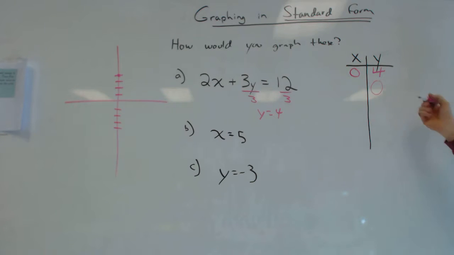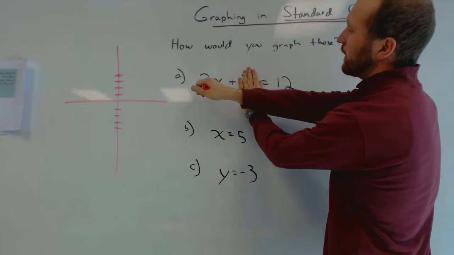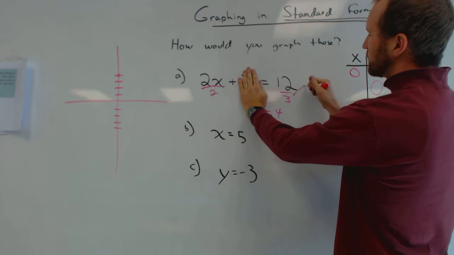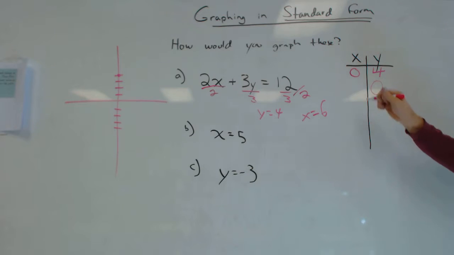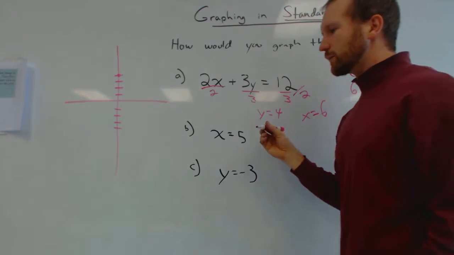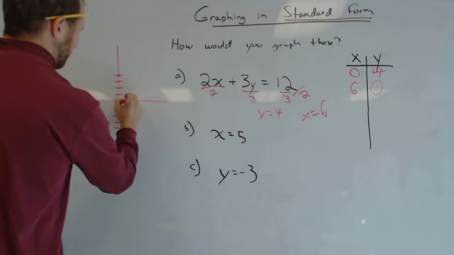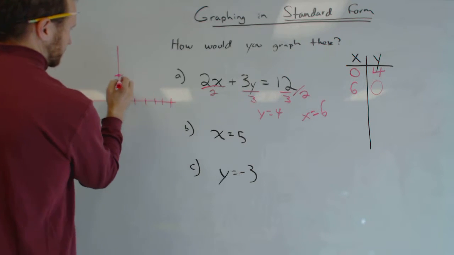If y is 0, boom, 2x equals 12. We divide both sides by 2, and x would equal 6. So when y is 0, x is 6. What point is that? You actually haven't learned the name, but it's the x-intercept. 1, 2, 3, 4, 5, 6.